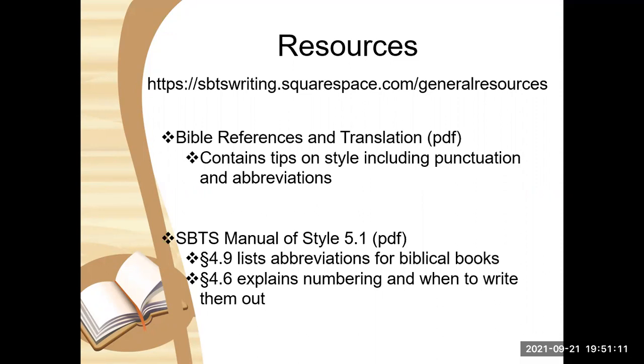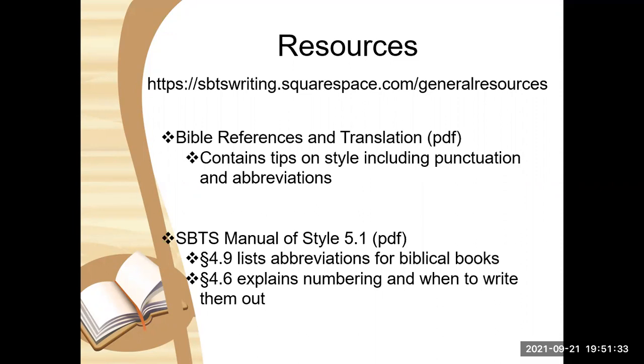I'm going to cover some of those here, but just so you know, it has some different ones that I will not be talking about. The second option that I'm giving is the manual of style. No workshop is complete without talking about the SBTS manual of style. I'm just highlighting two major sections of this.